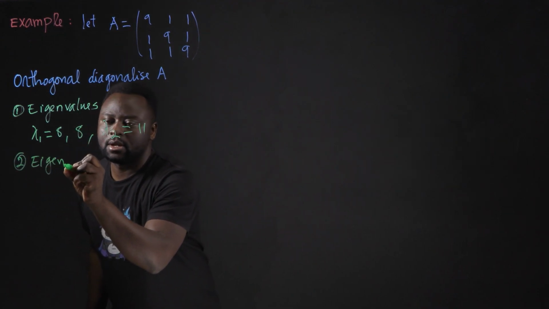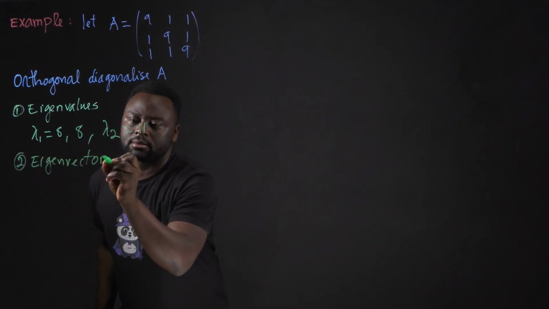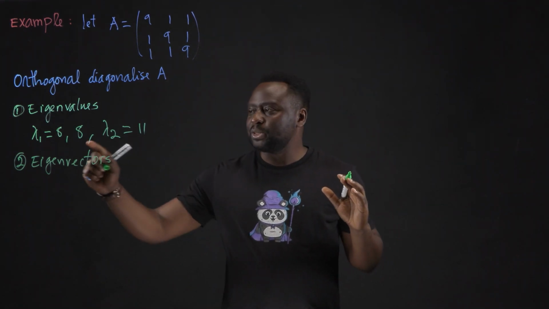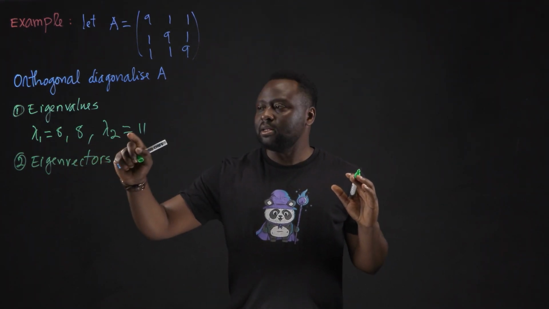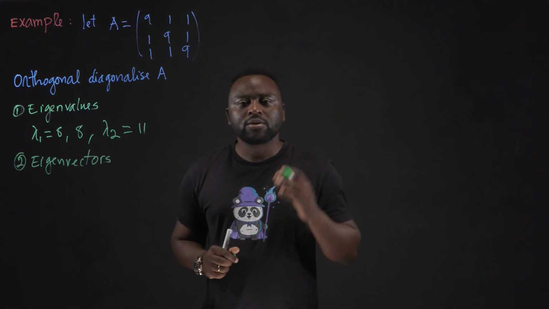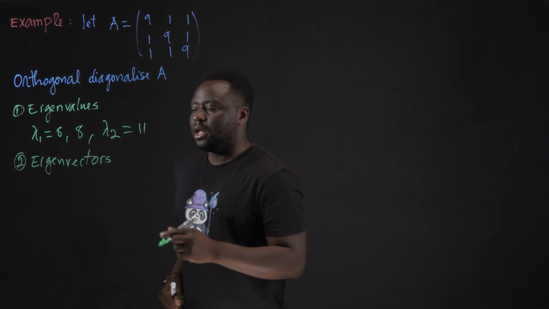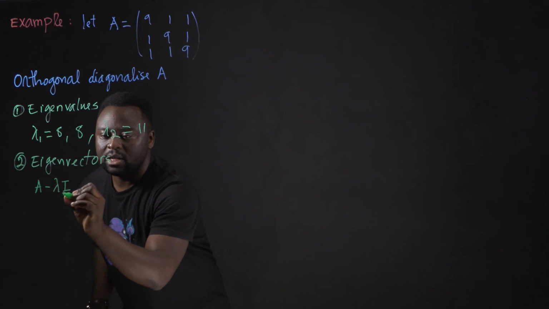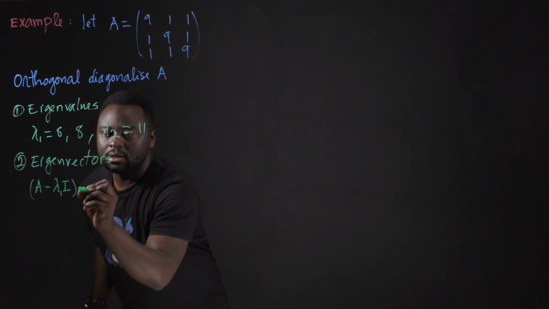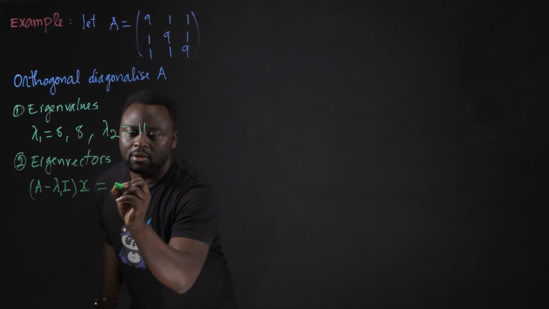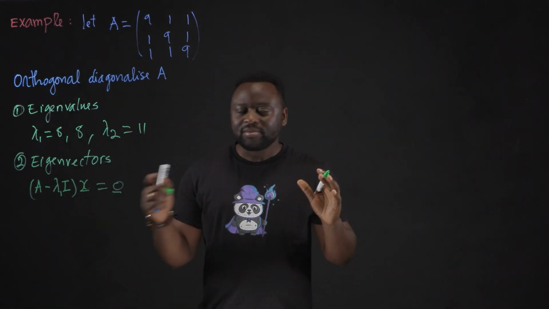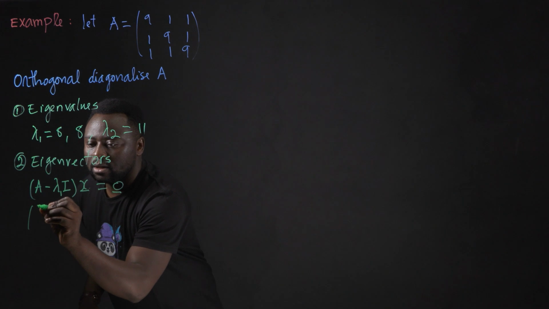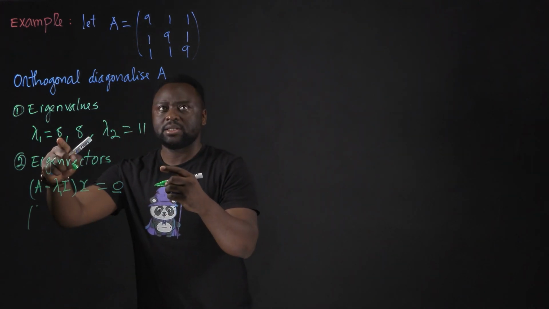Eigenvectors. We want to find the eigenvectors associated to the eigenvalues 8 and 11. First, we start with 8. Eigenvalue problem: A minus lambda 1 times I, times the vector x, is equal to the 0 vector. If we substitute, what do we have? 9 minus 8 is 1.